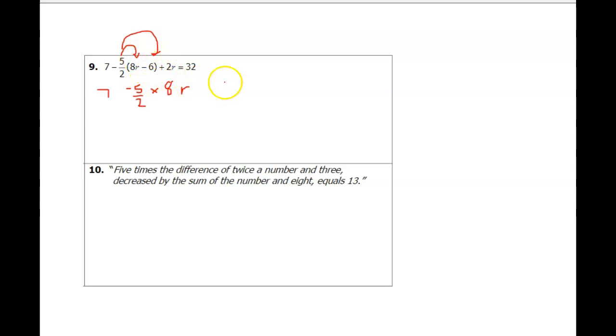I got to take my negative 5 over 2 times negative 6. All right? Also have to bring down my plus 2R over here. Okay, now I'm going to simplify these fractions. Let's get rid of these fractions. Okay, we're not afraid of fractions.